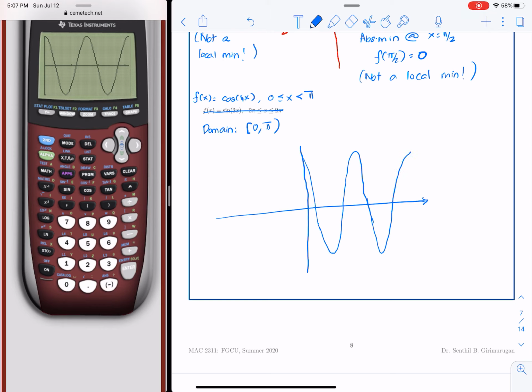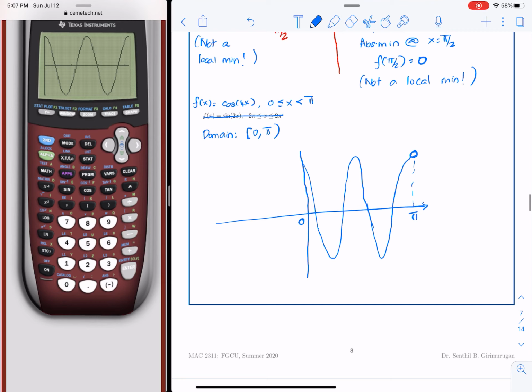So that point we can't include, so I'm going to put an open dot there. So that's at pi. And cosine 0 would be 1, and we know that we get a negative 1 when 4x is equal to pi.